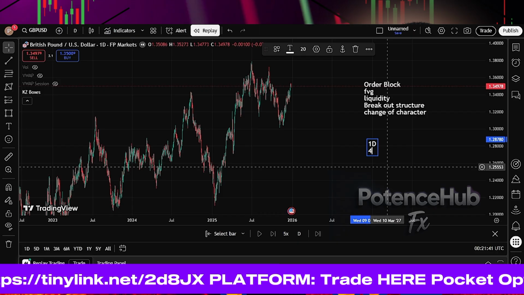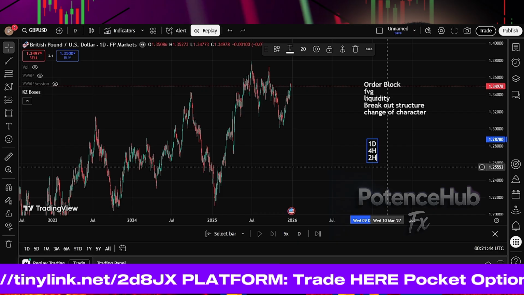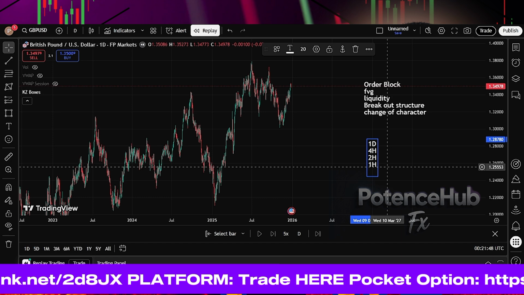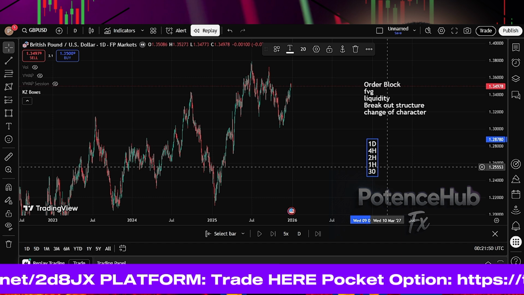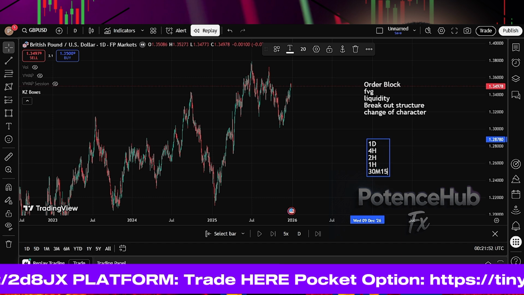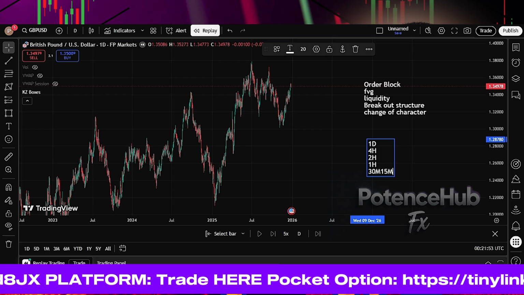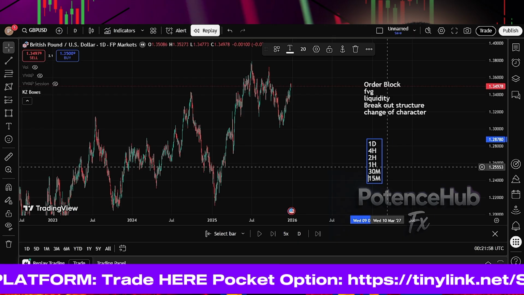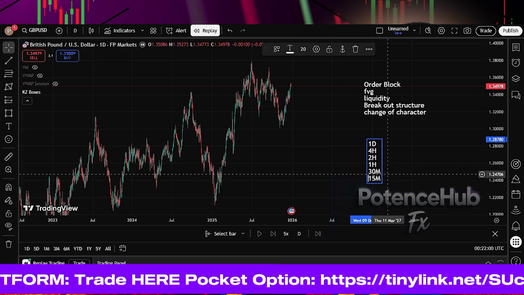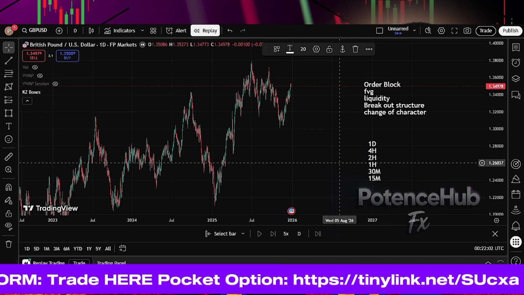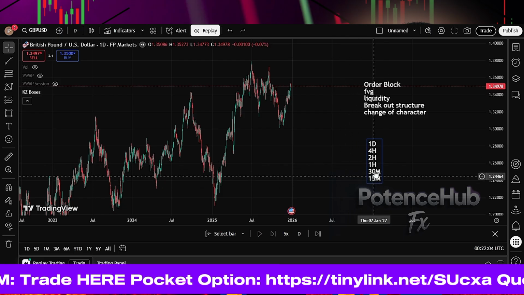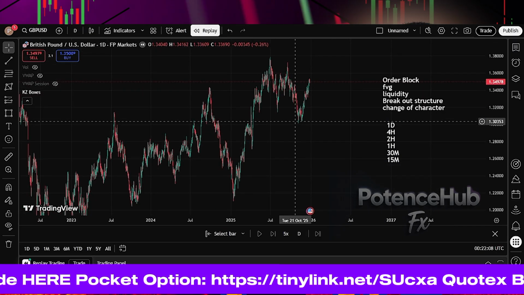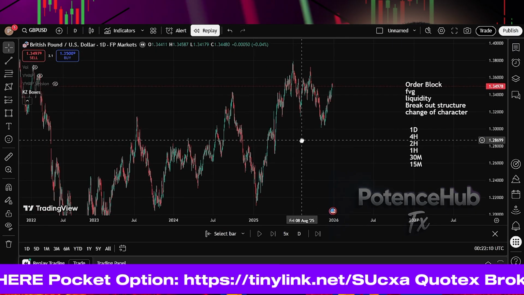We're also going to be using the 4 hours time frame, the 2 hours time frame, the 1 hour time frame, the 30 minutes time frame, and the 15 minutes time frame. So pretty much these are what we're going to be looking at, and then of course the taking of the trade will be in the 15 minutes time frame. So having said all of this, let's dive into the market.